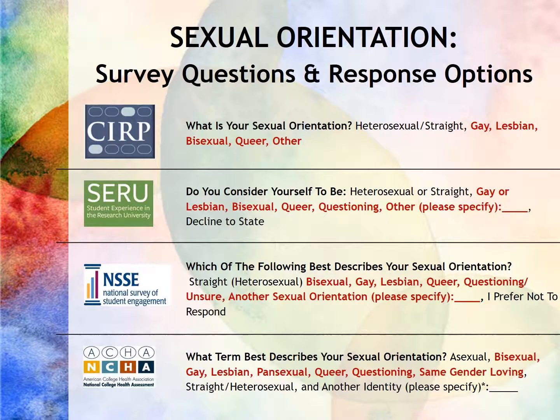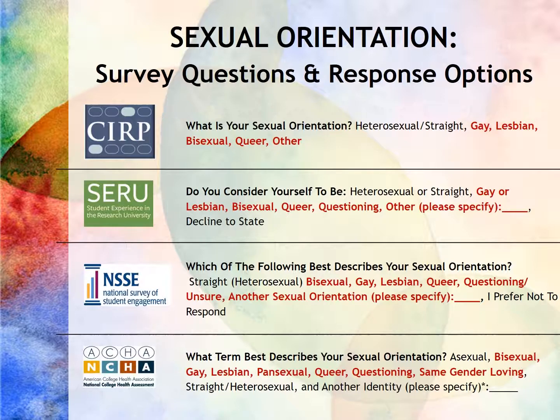Okay. Ron? Yep. For the SERU, this is the option we had back in 2016. Again, these have evolved over the last couple of years as well, in part due to the work we've been doing with this group. But for the analysis, we did heterosexual straight as one category. Then we collapsed the following categories into a queer spectrum category: gay or lesbian, bisexual, queer, questioning, and other.